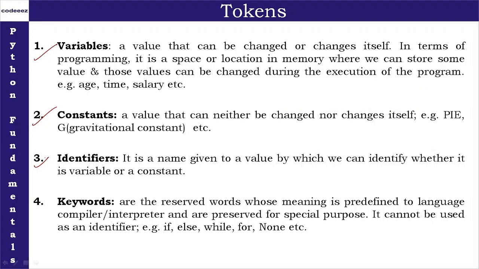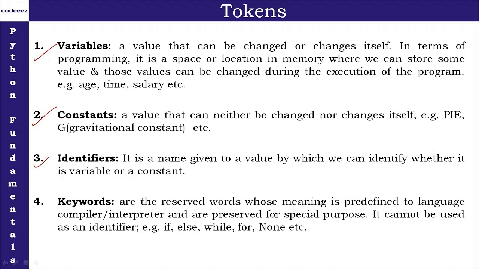Now next is keywords. To better understand, let us take an example from the real world. Every person has their own set of vocabulary, their own word bank, meaning a collection of words whose meaning is known to that person. Whenever that person comes across those words, it is very easy to do the task according to those words, right? The same is the case with keywords.